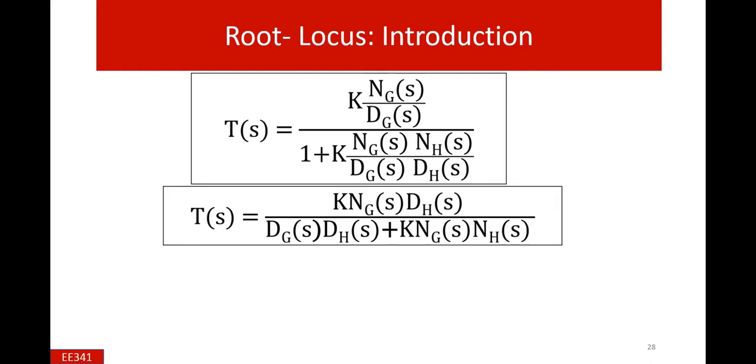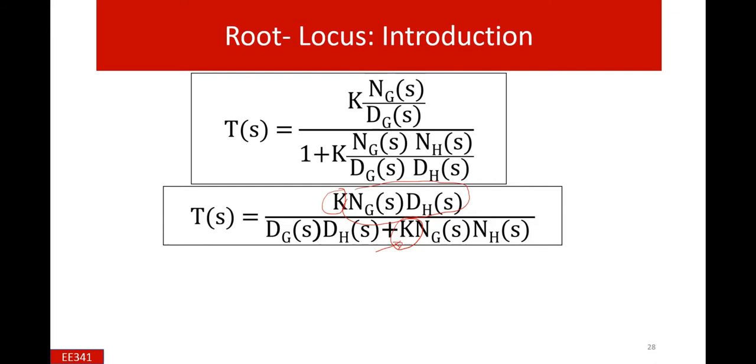First of all, we review that this k is the most important thing in the root locus part. Overall, the numerator term is the zeros of the G transfer function, and D, the denominator term, is the poles of the H.